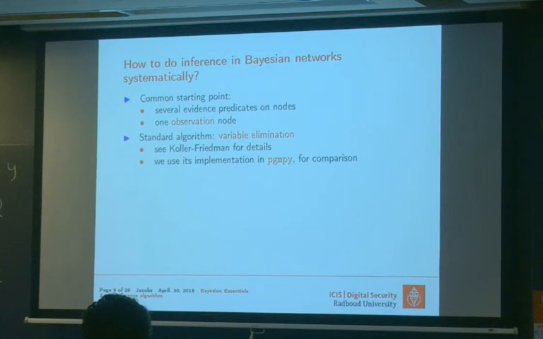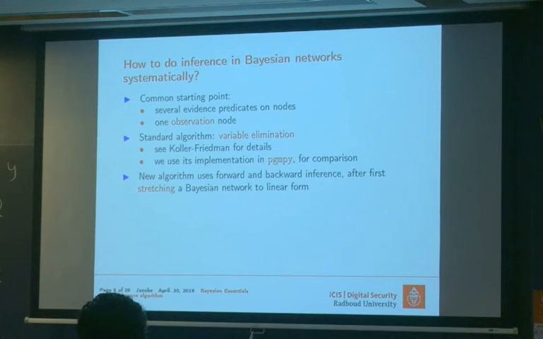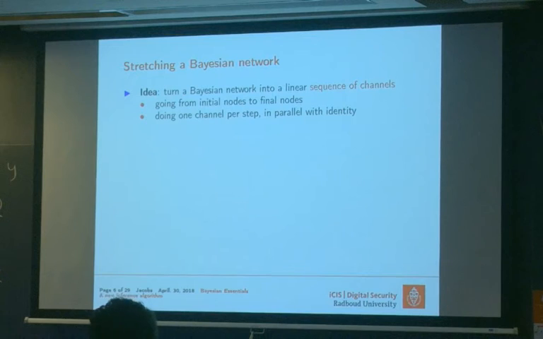I've used a standard implementation in Python in a package called pgmpy. I have a new algorithm which I'll sketch to you, which does both forward and backward inference. And after first what I call stretching the Bayesian network into linear form. Now, how does that work?